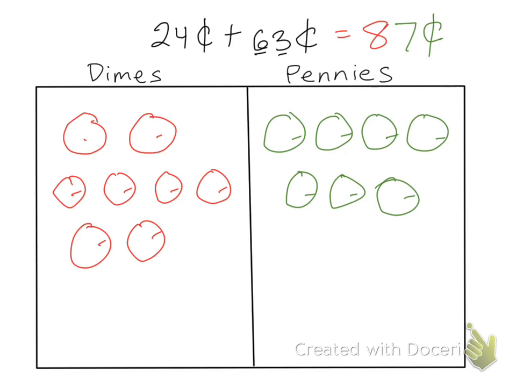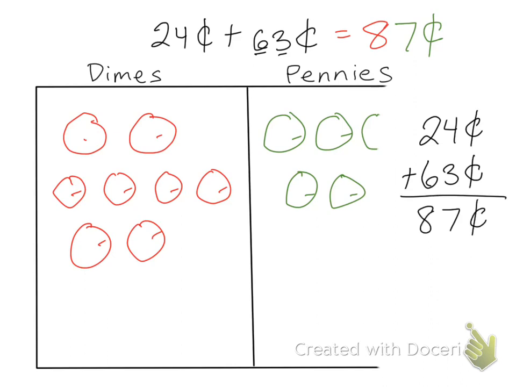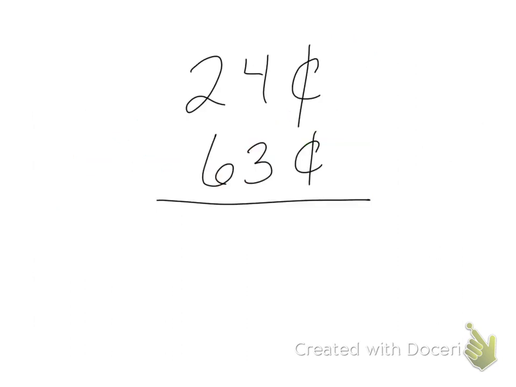Let's write out this problem vertically. Let's make some room. 24 cents plus 63 cents equals 87 cents. So it'd look like this.